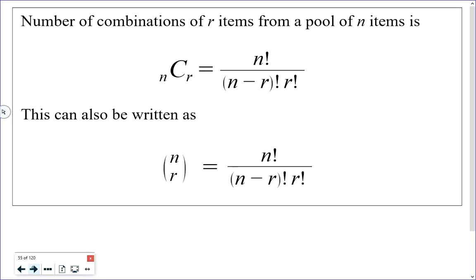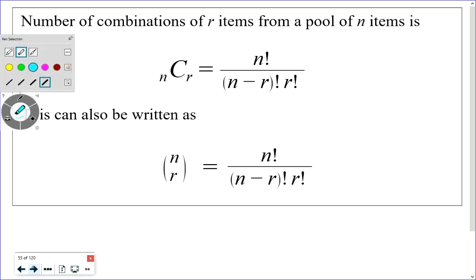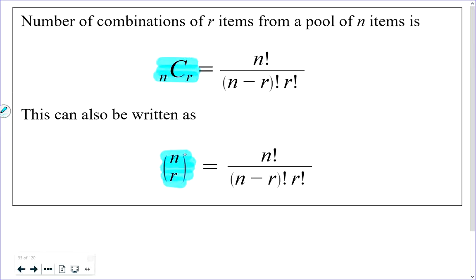There's something else we have to talk about here, and it's a notation, that I can also write that. And this thing here is pronounced nCr. It's no different in pronunciation or meaning than this.